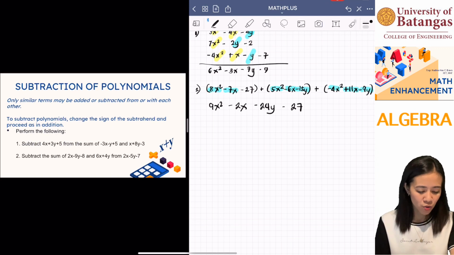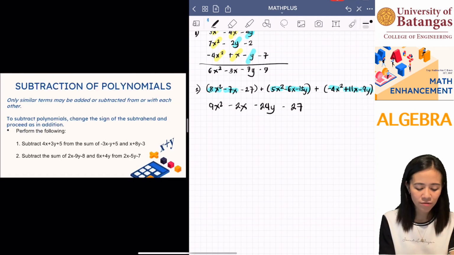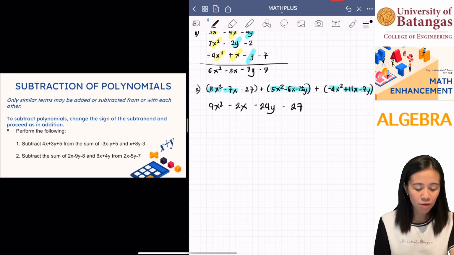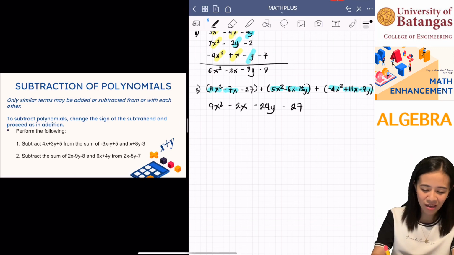Subtraction naman. So, to subtract polynomials, you have to remember that you have to change the sign of the subtrahend and proceed as in addition. So, di ba, minuend, subtrahend, let me write that down.